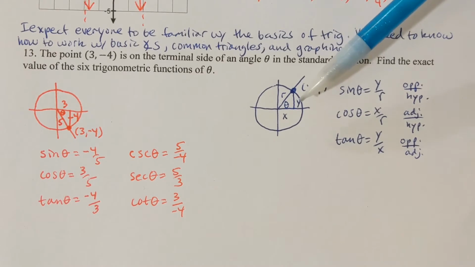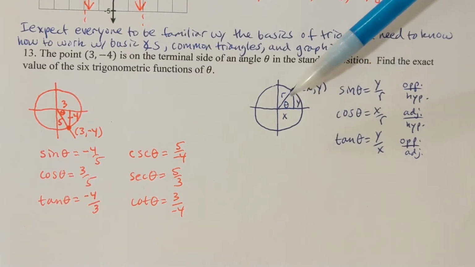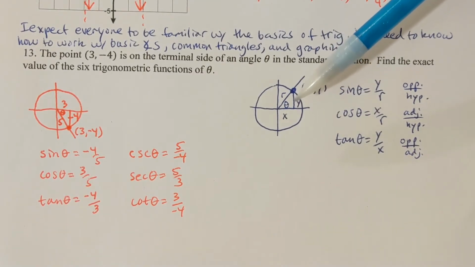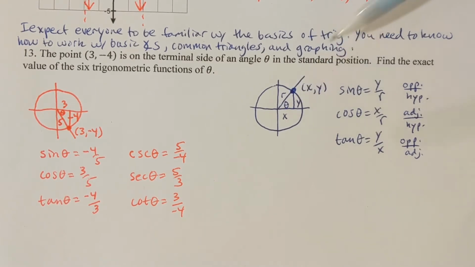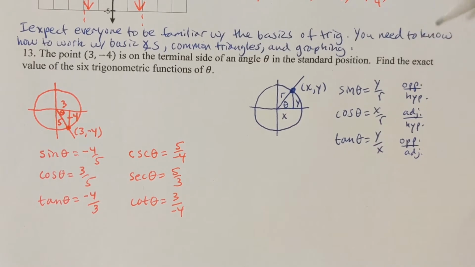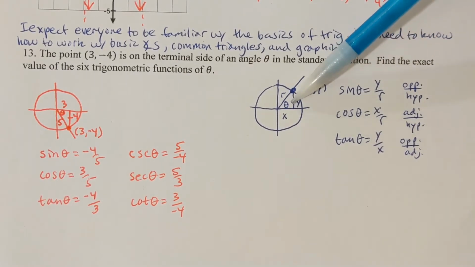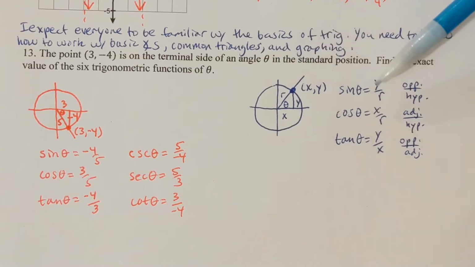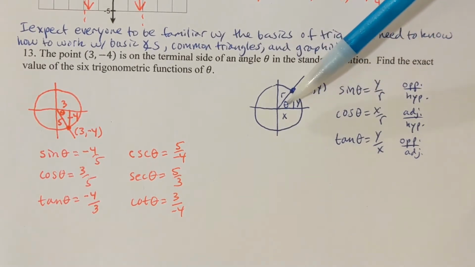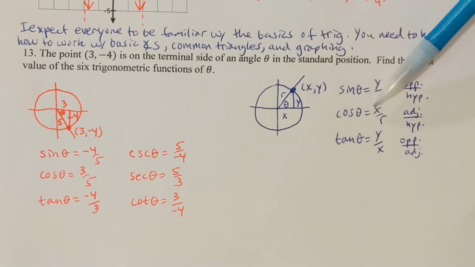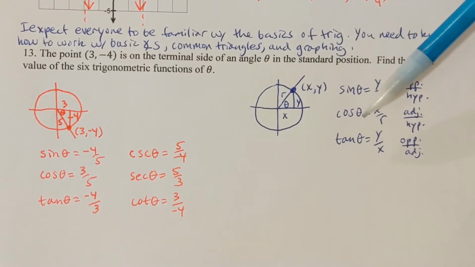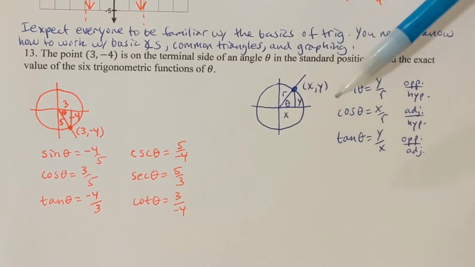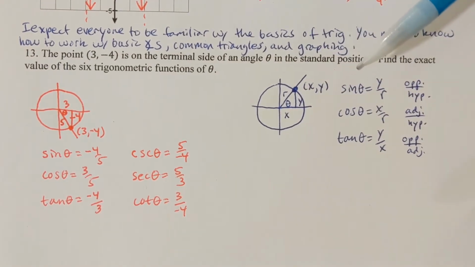And I would build this right triangle inside this circle here, and here's my angle theta, here's my right angle, and I can define the trig functions then. Sine of theta is opposite over hypotenuse, okay, or y over r. Cosine of theta is adjacent over hypotenuse, x over r. Tangent of theta is opposite over adjacent, or y over x, okay.